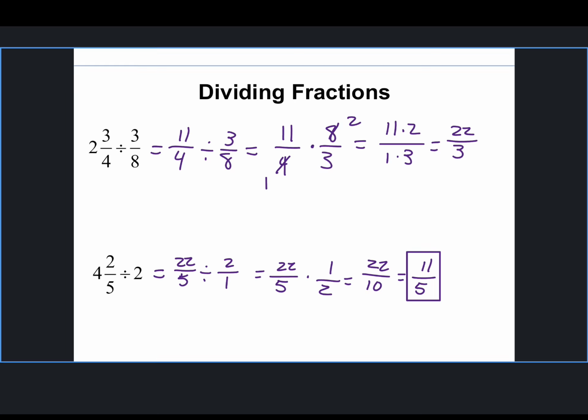So which part there do we struggle with? Something you have to remember how to do in this problem is convert from a mixed number to an improper fraction. You also have to remember that a whole number, an integer, can be written as a fraction by putting it over 1.